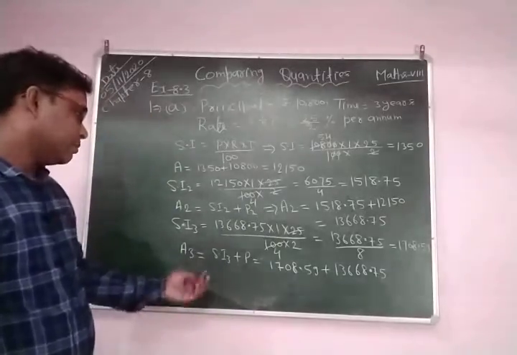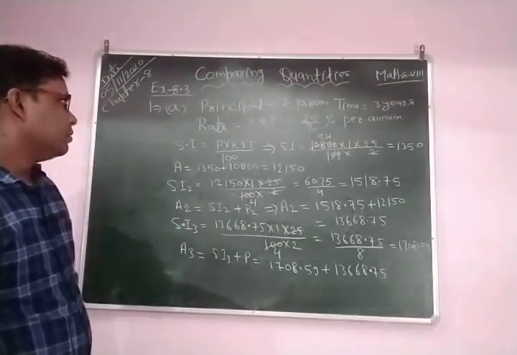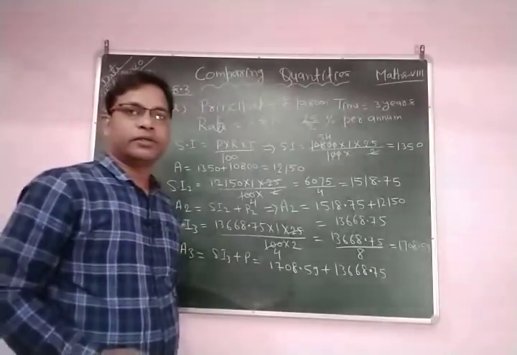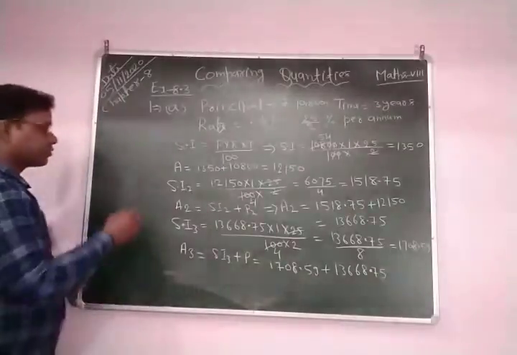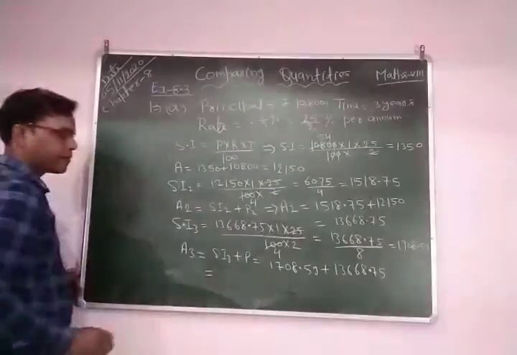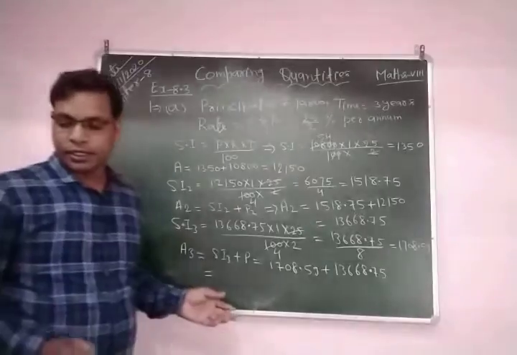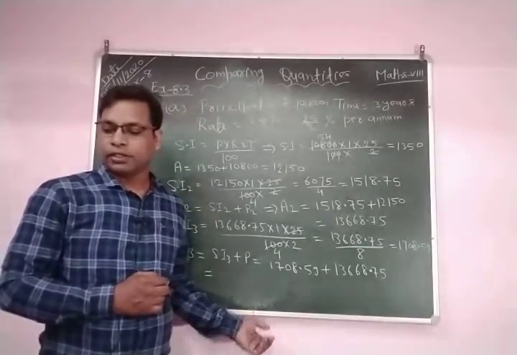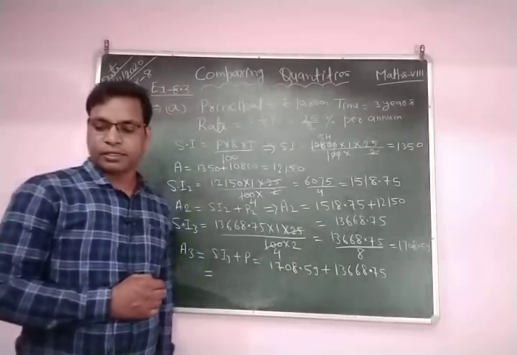Now if you add them, then you get the compound amount for third year. This is an amount for third year. This is equal to 15,377.34.